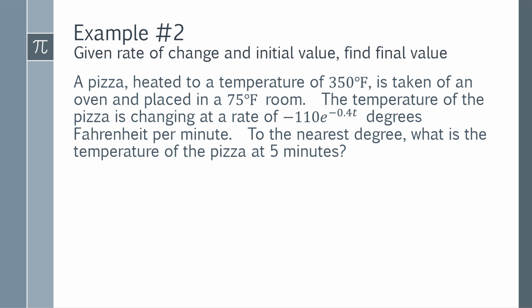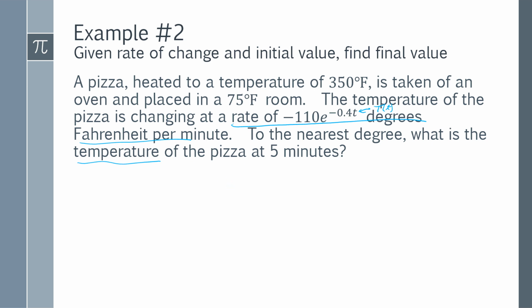So again, things that I'm seeing as clues. I'm given a rate, but I'm asked to find a temperature. So that clues me into I need to accumulate my rate. For shorthand, I'm going to call this capital T of little t. So capital T for temperature, little t for time.